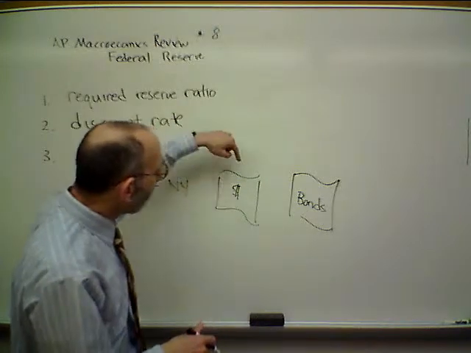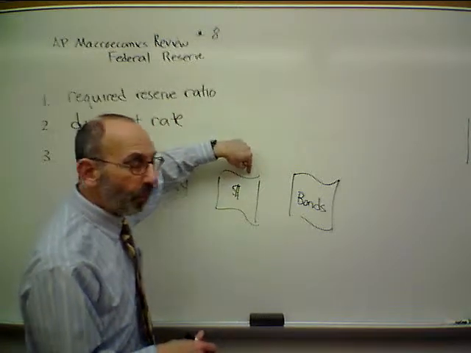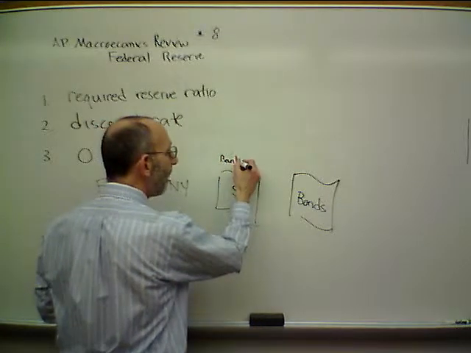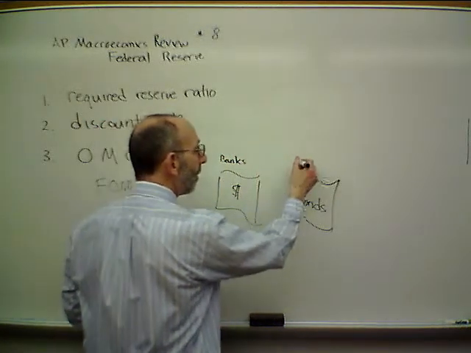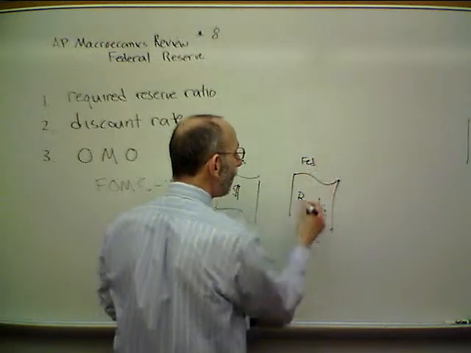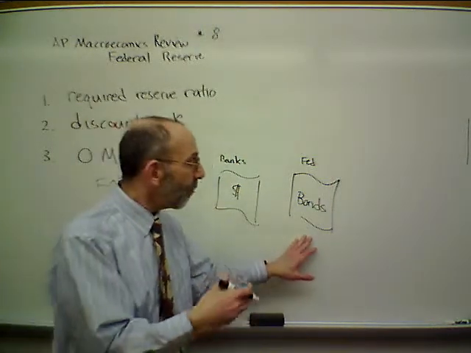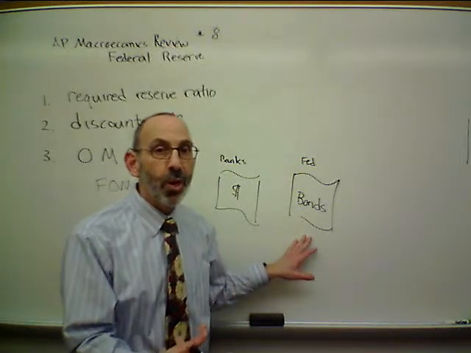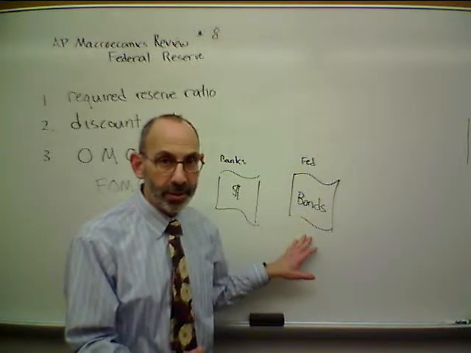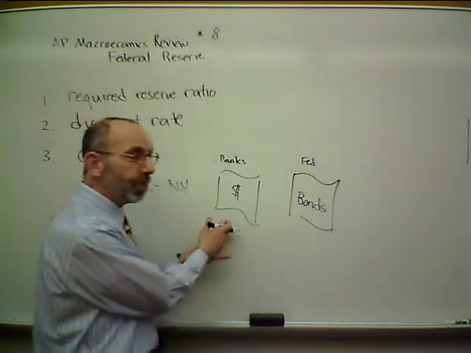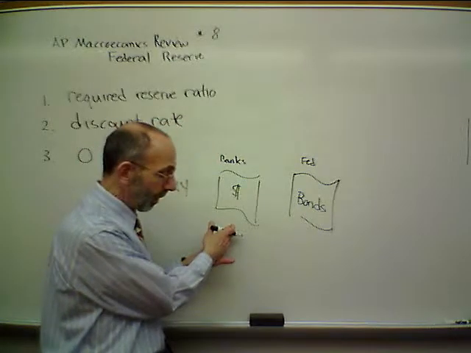At the end of the day, the Federal Reserve wants the banks to have this. This is just one example. If the banks have that, then the Federal Reserve, at the end of the day, must have this. If they have more bonds, the only way to get more bonds was to buy bonds. So buying bonds increases the money supply.